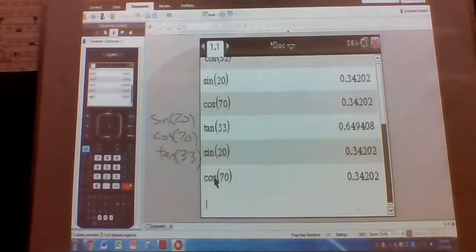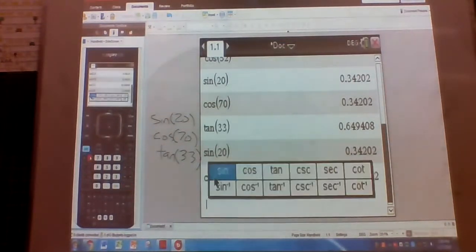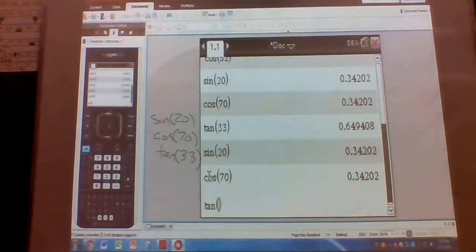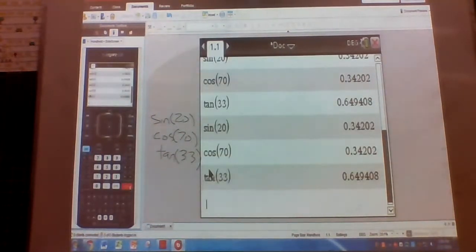And the second one, we want to go to cosine of 70. Hit enter, and again we get 0.34202. So we want to round to the hundredths place. So that's going to be 0.34. And the last one, we have tangent of 33. We hit enter, and we get 0.649408.